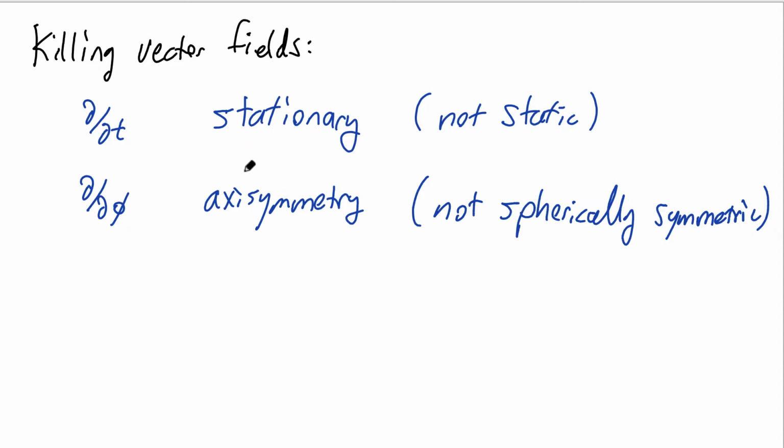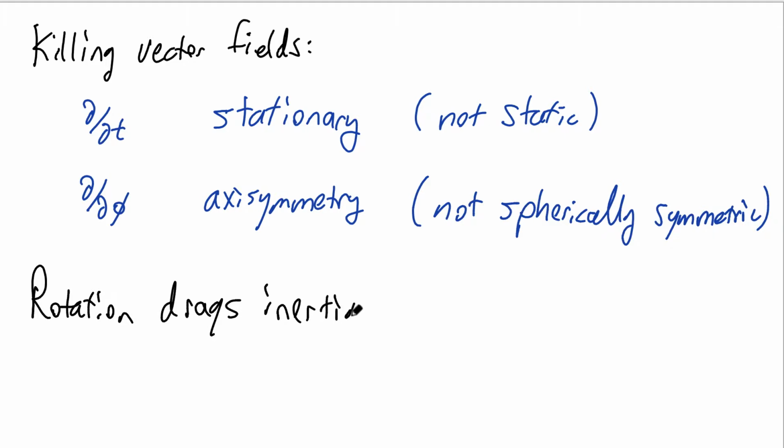One of the physical consequences of a black hole's rotation is that it drags the inertial frames in the direction of rotation. So recall that an inertial frame is a reference frame of a freely falling observer.